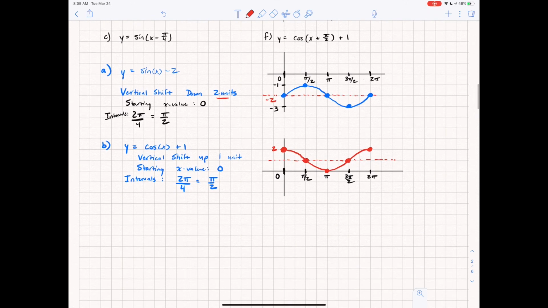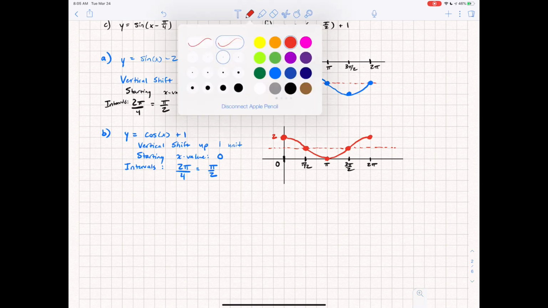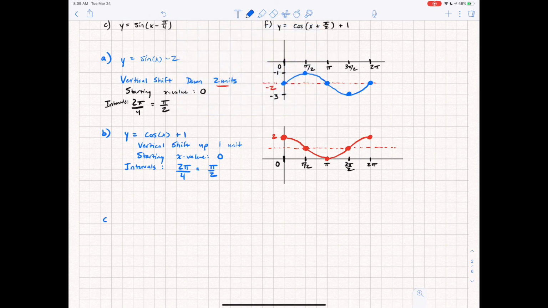All right, let's take a look at C. This is y is equal to sine of x minus pi over 4. Now in this problem, there's no vertical shift. This is just a horizontal shift, specifically pi over 4 to the right.